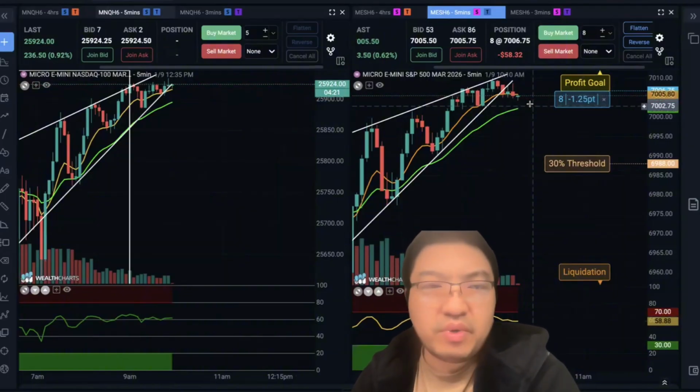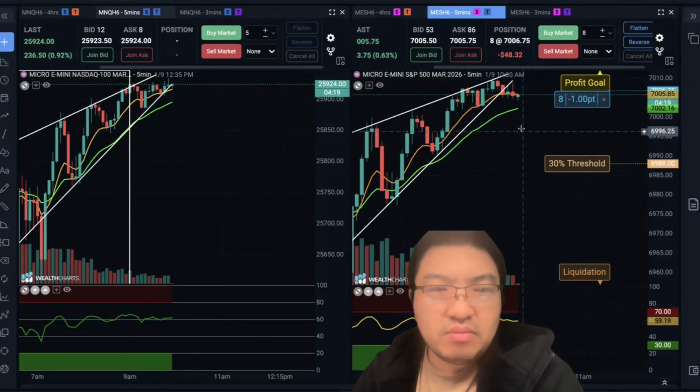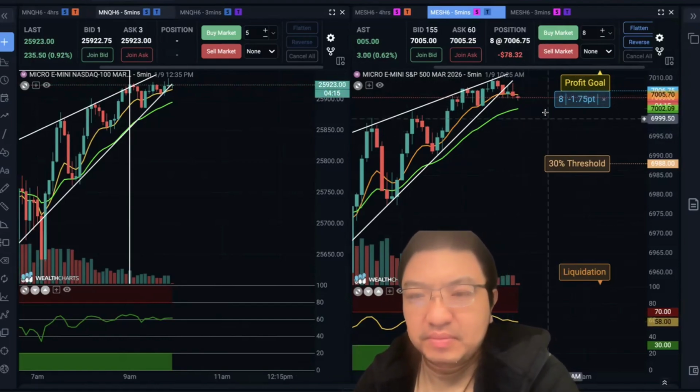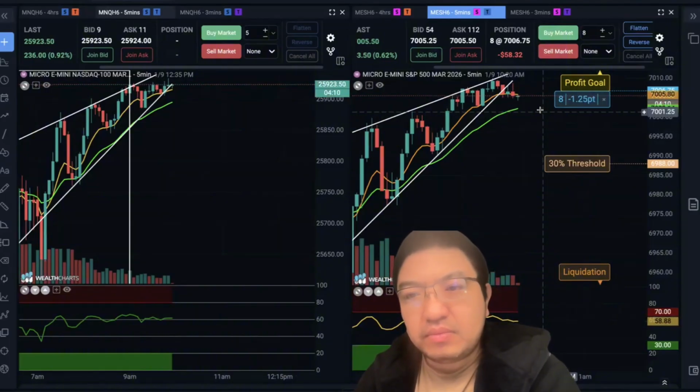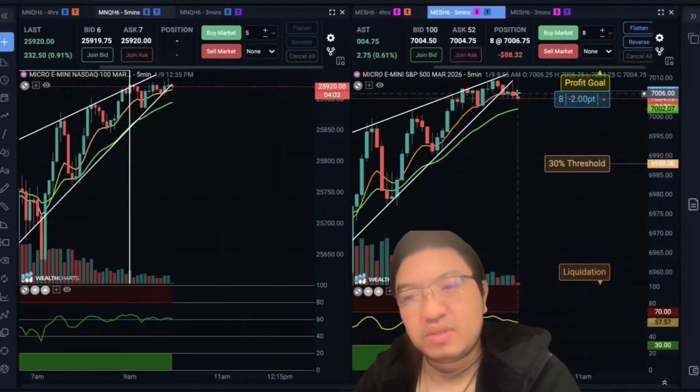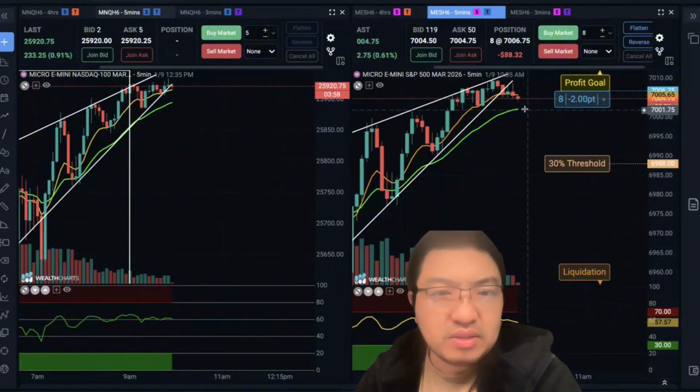It does not know where to go. We'll see. EMA 21. But EMA 9 is showing some symptom that it is trying to come close to EMA 21 at this time.